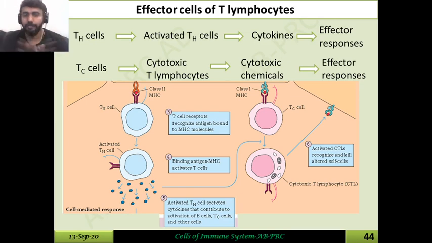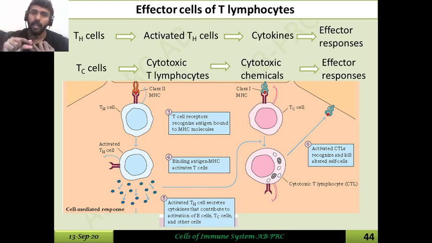So in brief, I'll repeat the important points. The T cells are the major cells of lymphocytes. They have a T cell receptor on their surface. The T cell receptor is an immunoglobulin family molecule, but it's not an antibody. Then there are two categories of T cells, T helper cell and T cytotoxic cell, based on some co-receptors called CD4 and CD8.